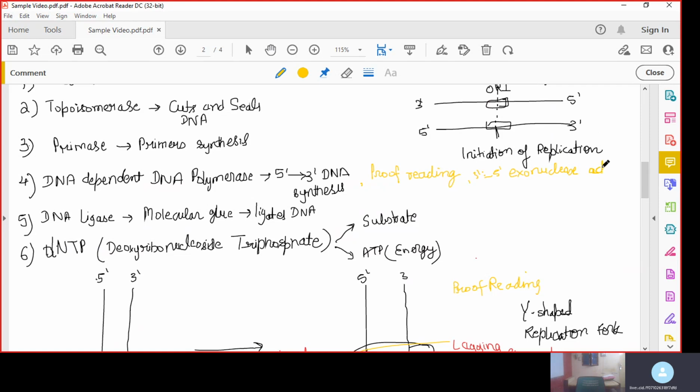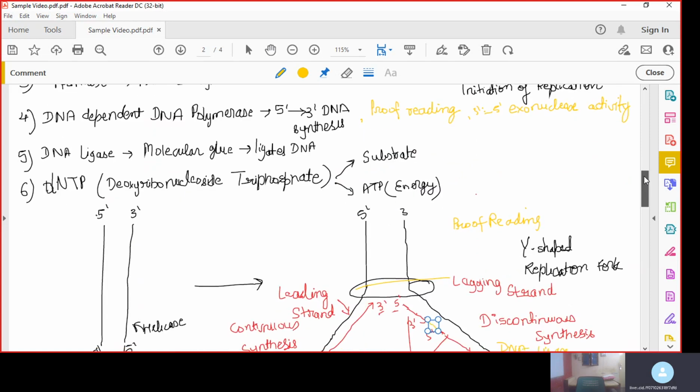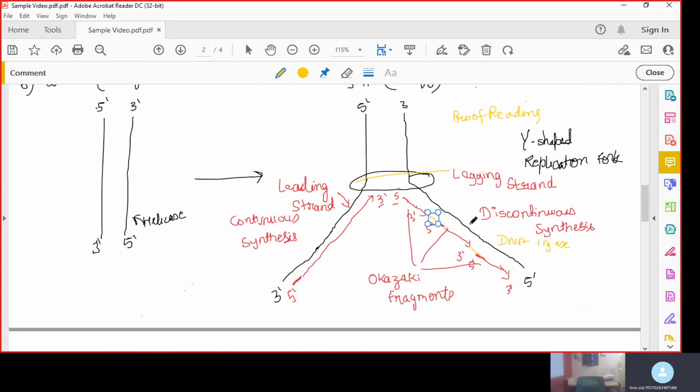It also removes those primers, and then DNA ligase ligates again.